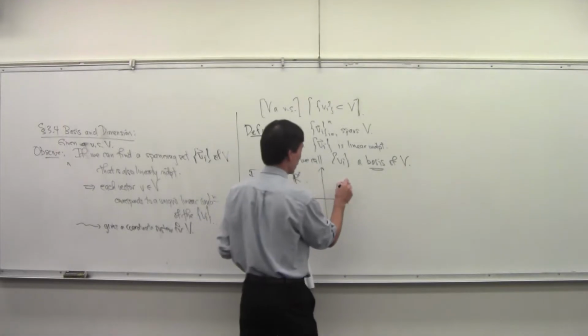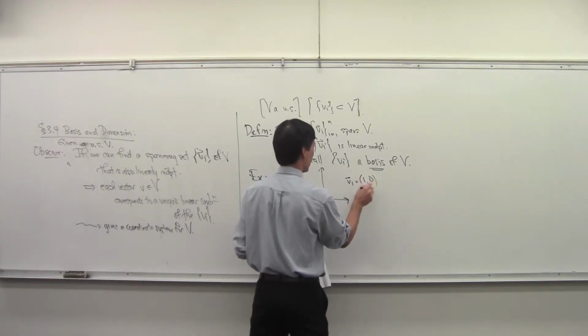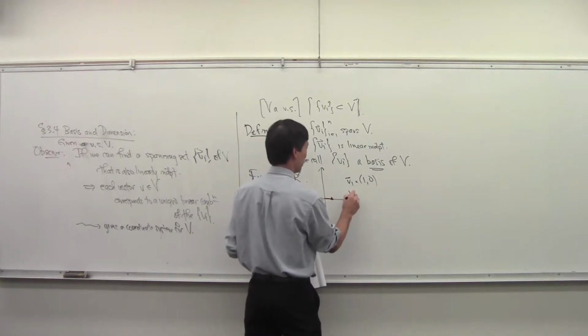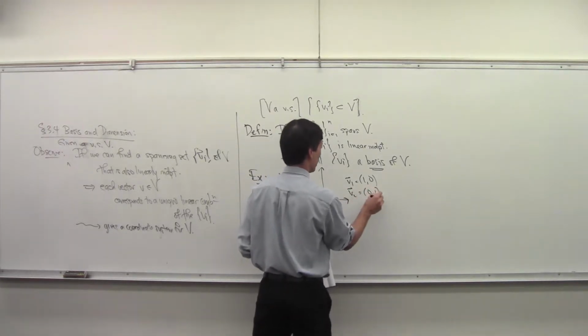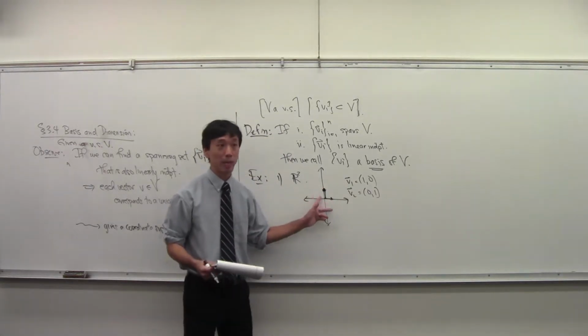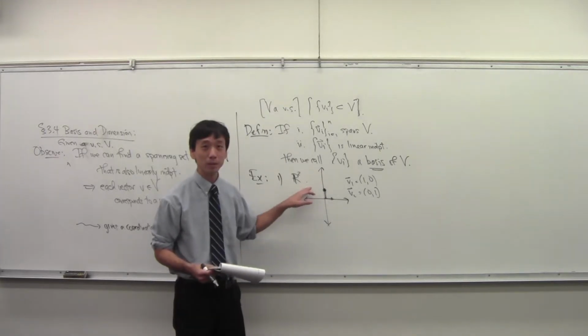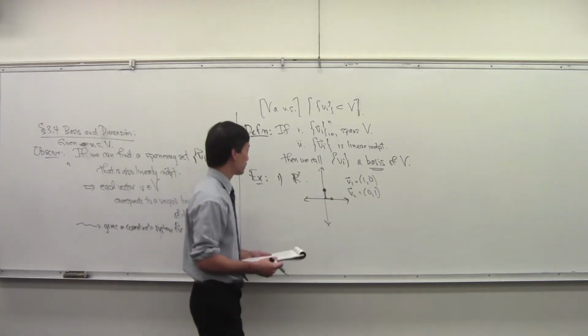That's right. So we could take our V1 to be (1, 0) and V2 to be (0, 1). Then their span is the whole space, and they're linearly independent. So these are a basis for R2.